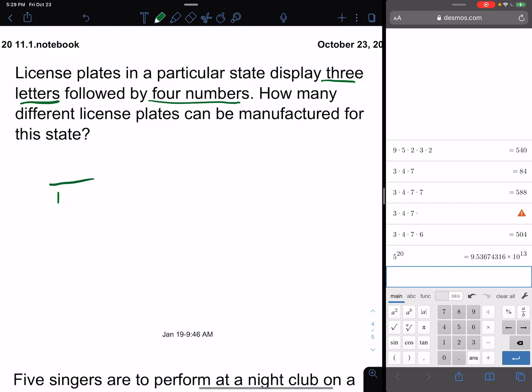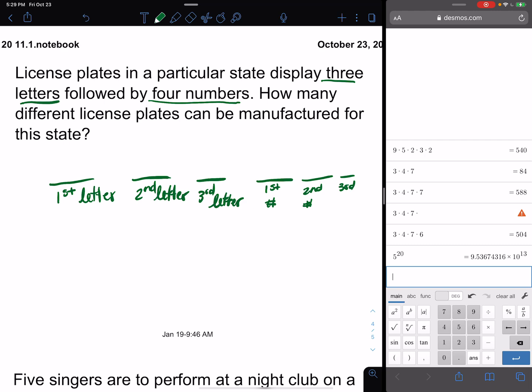So I'm thinking about my first letter, then I need that second letter, then that third letter. Then it's 4 numbers. So we have the first number, the second number, the third number, and I'm running out of room, the 4th number.